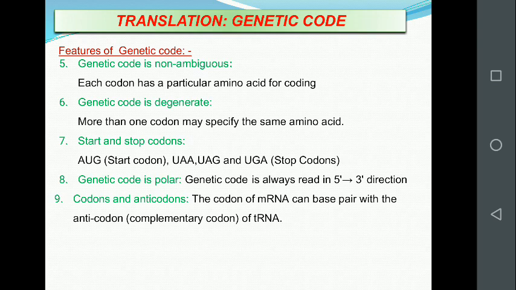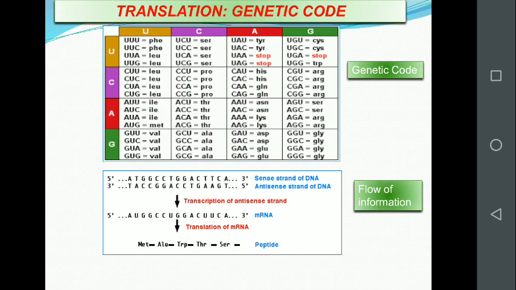So codons are more but amino acids are less. That means most amino acids are coded by more than one codon, and that is called degenerate. Let's quickly go back to the slide which shows the genetic code.